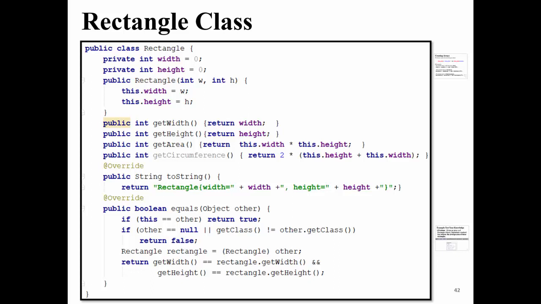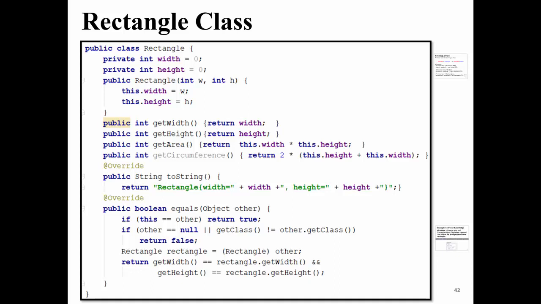We can get the height, get the width, and also get the area and the circumference of the rectangle. As you can see, we override toString, in case we would like to print a rectangle out to the user: the rectangle with the width value and the height value between the braces.